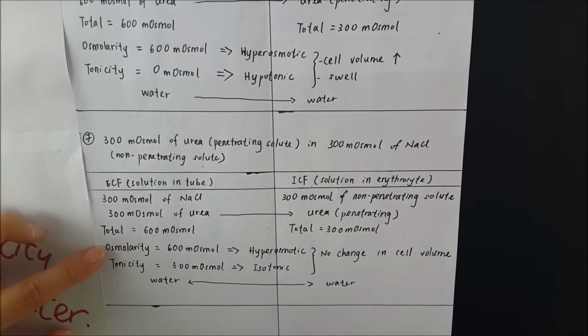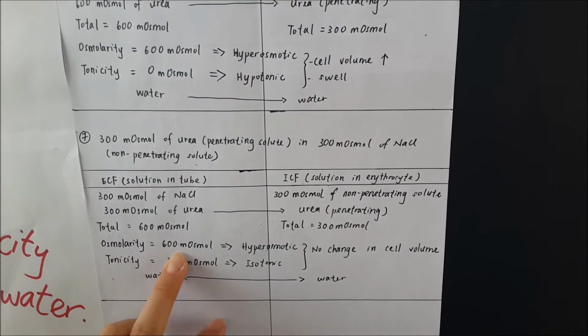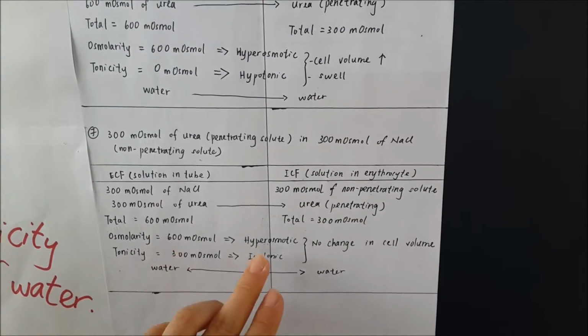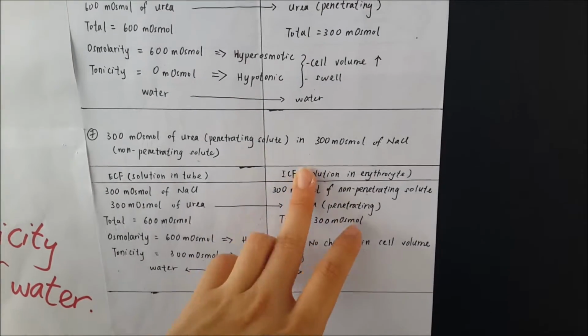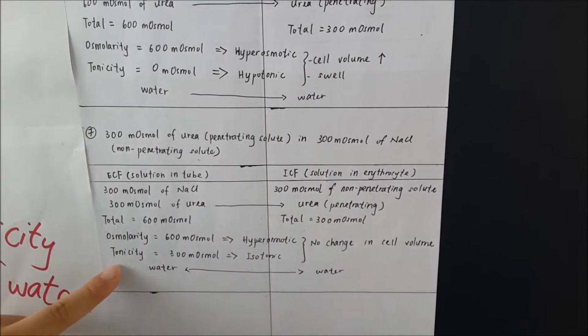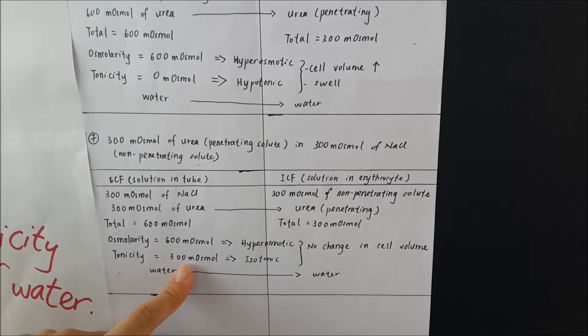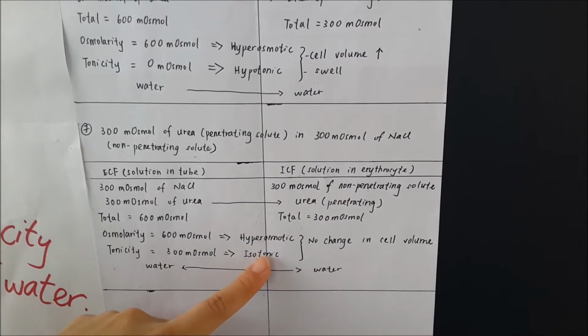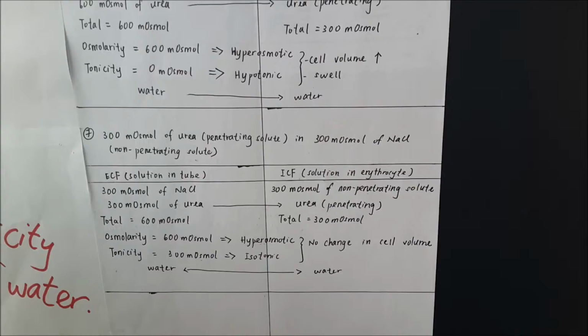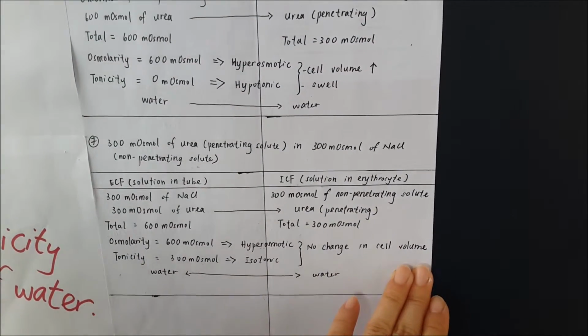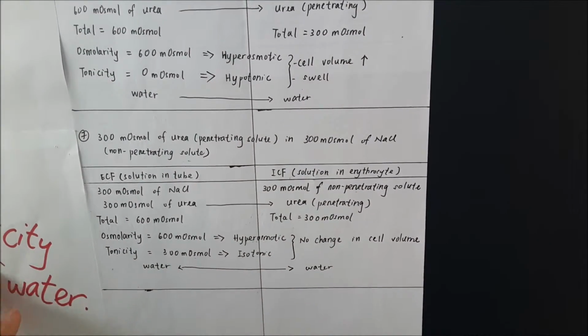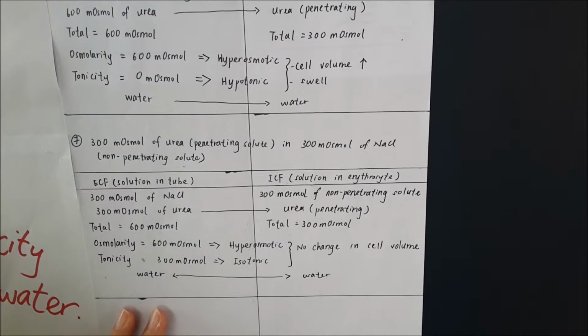So the total osmolarity of the ECF is 600 milliosmol, which is hyperosmotic to the ICF. However, the tonicity is 300 milliosmol, which is isotonic to the ICF. So there's no change in cell volume because the net movement of water is zero.